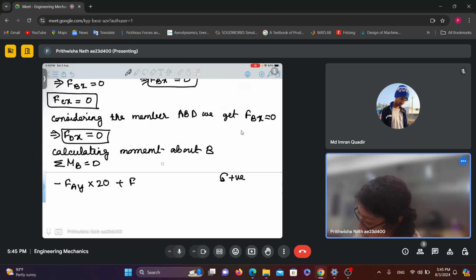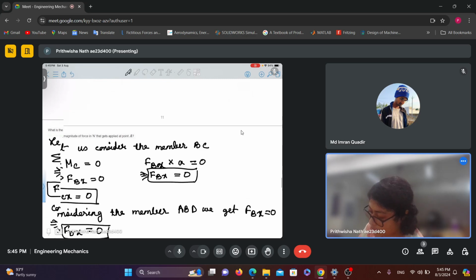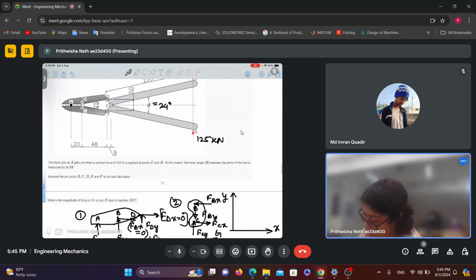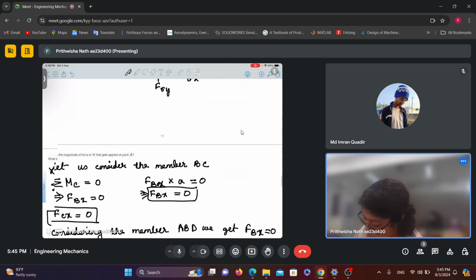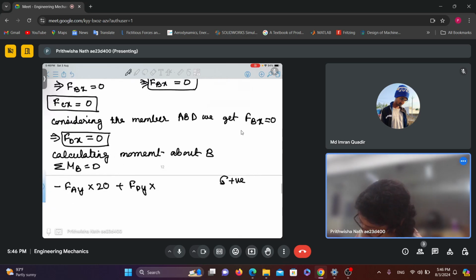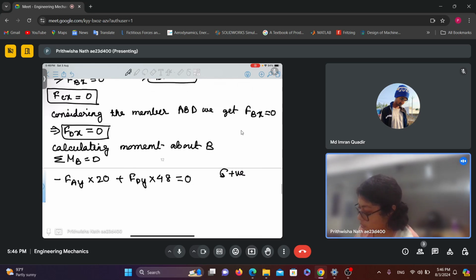Plus FDY into 48. This is equal to 0. So FAY equals FDY into 48 by 20.